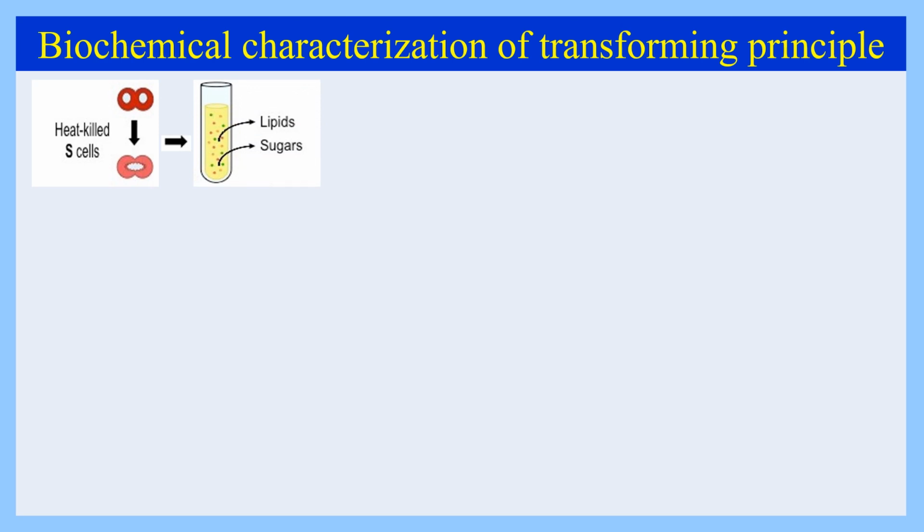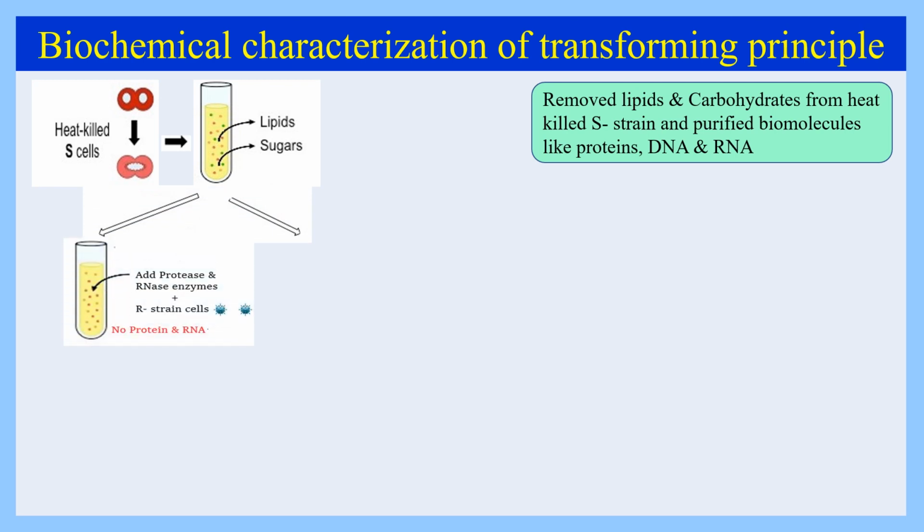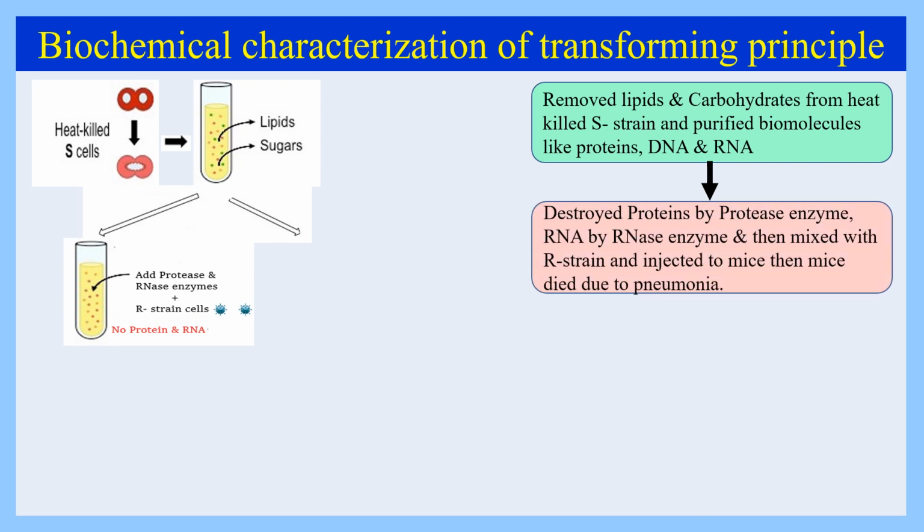Avery, MacLeod and McCarty took heat-killed strain cells. From those cells, they removed all the lipids and sugars and purified isolated biomolecules like proteins, DNA and RNA. Next, to that mixture, they added enzymes like protease and RNase.